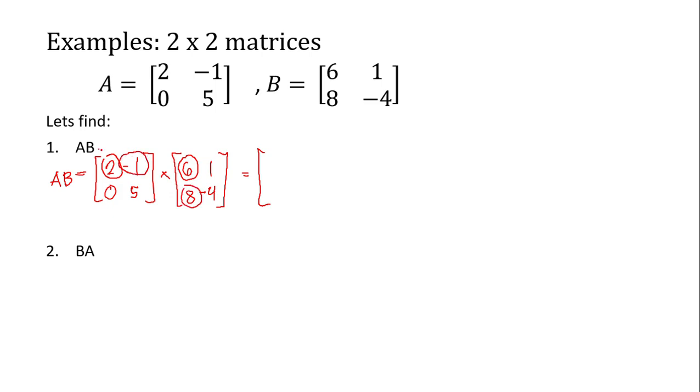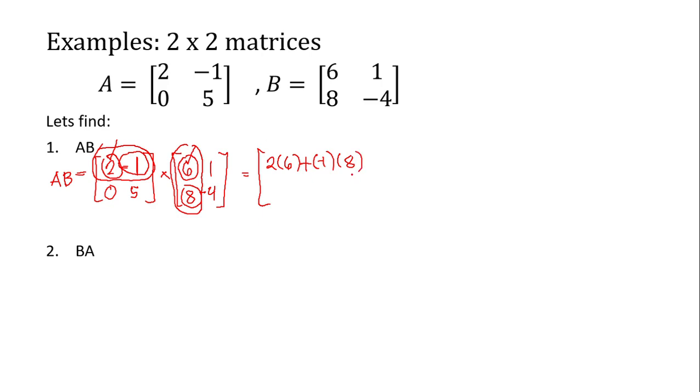Kumbaga, itong first row is i-multiply natin sa first column. Okay, so sulat natin. Ito muna 2, and itong 6. So, we have 2 times 6 plus, yung pangalawa, negative 1 times 8.